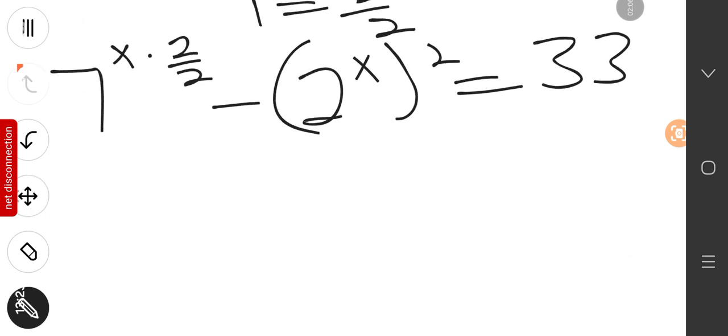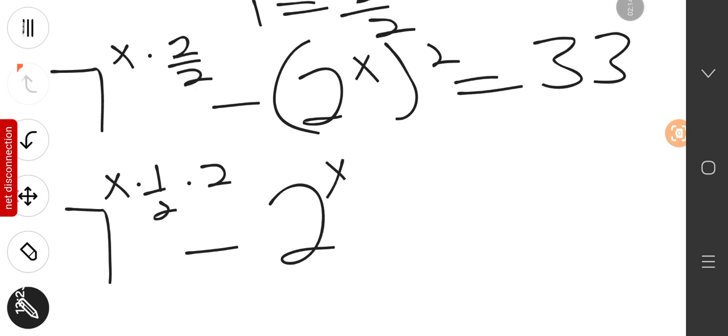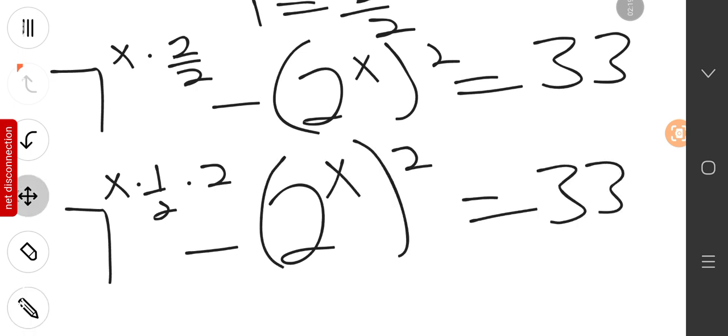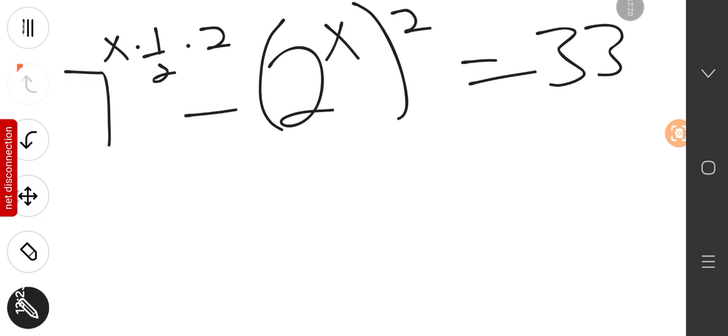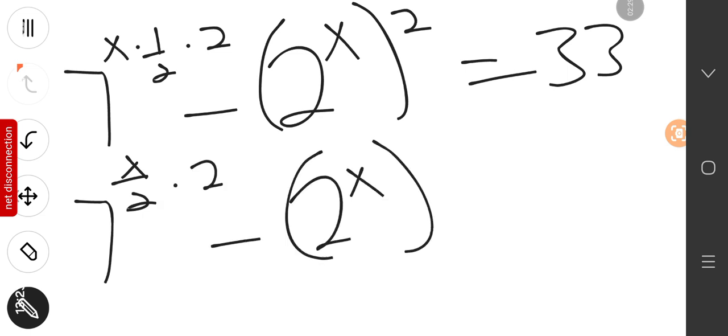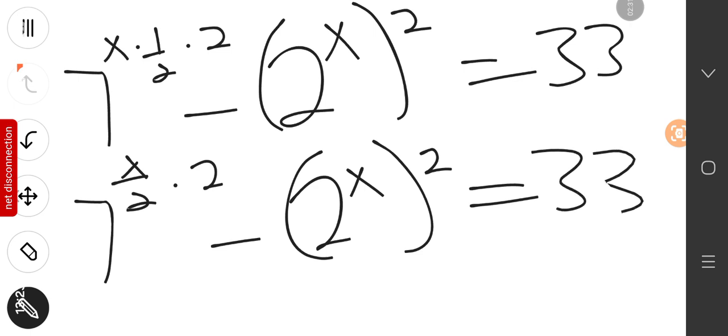So we can expand this exponent and write it as x times half times 2. Our equation becomes 7 exponent x over 2 times 2, minus 2 exponent x, squared, equals 33.